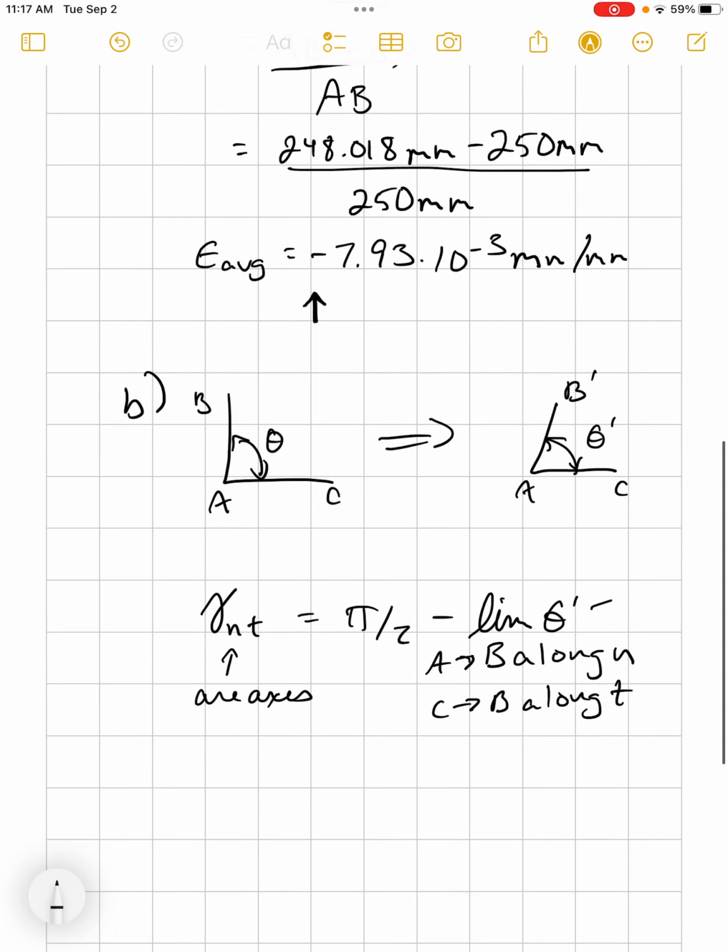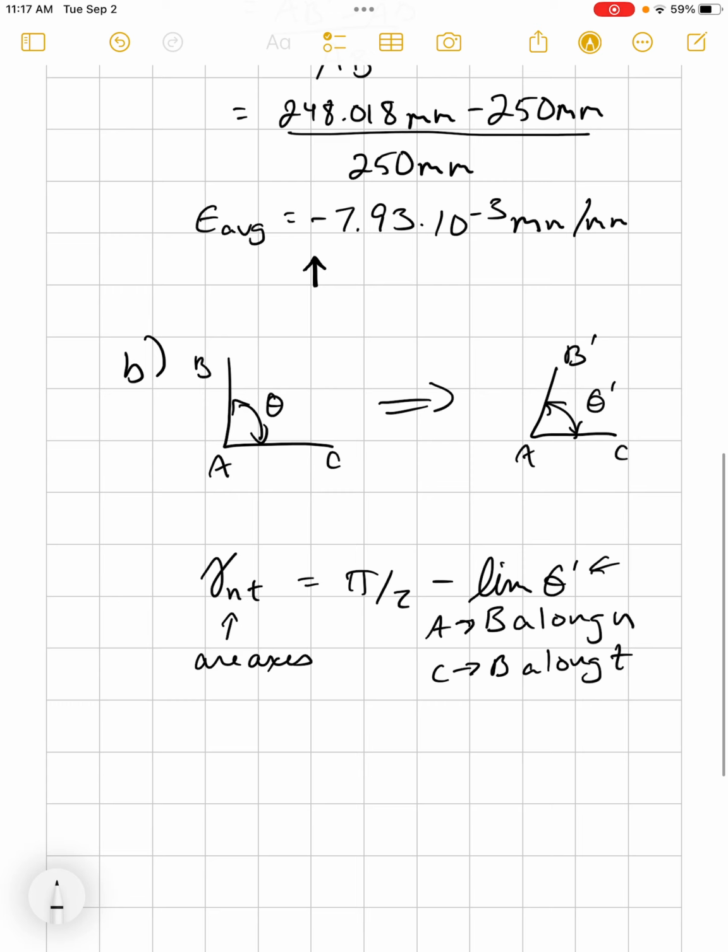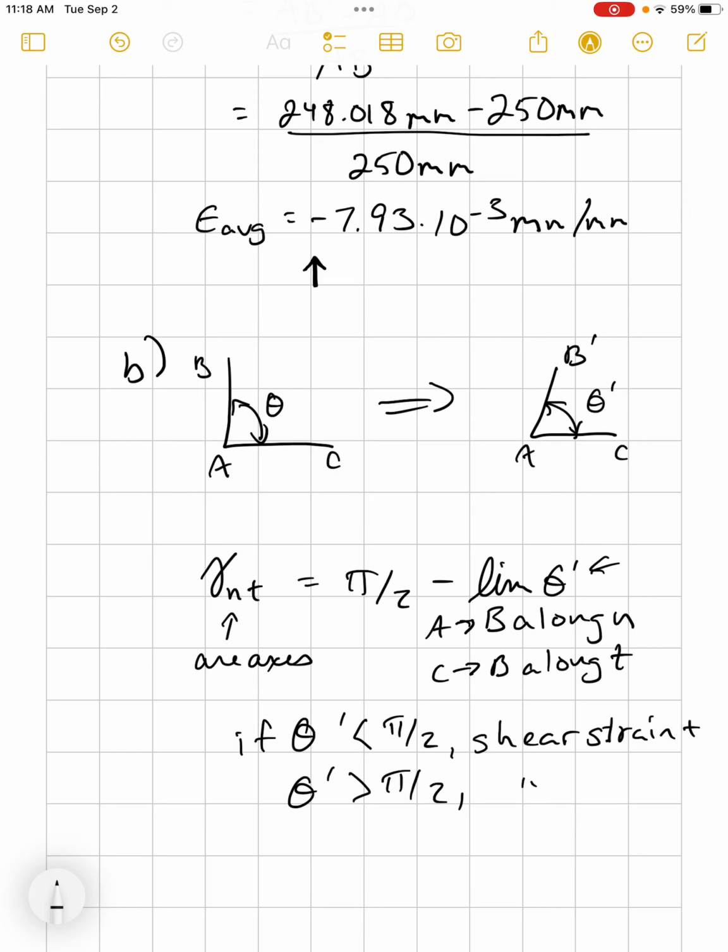So basically as we're going along these sides, how much has this angle shifted, okay? If theta prime is less than pi over 2, then our shear strain is positive. If it's greater than pi over 2, then it's negative.